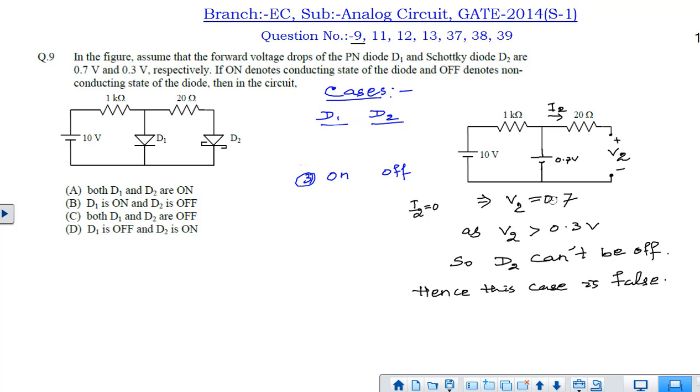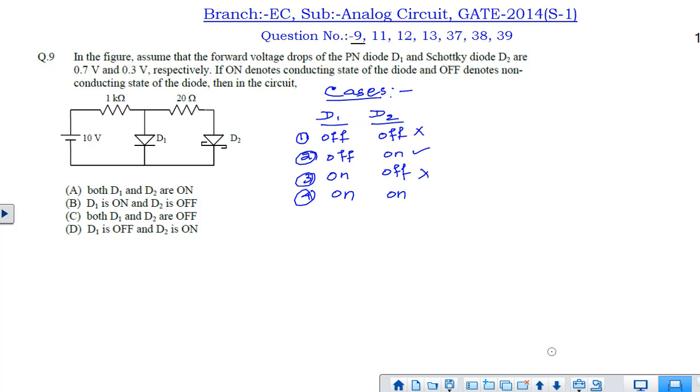But this 0.7 volt is greater than the 0.3 volt that is required to forward bias the D2 diode. Hence D2 cannot be off anymore, it will be forward biased. So our assumption is not true. Both are contradicting, so this state cannot be the condition.